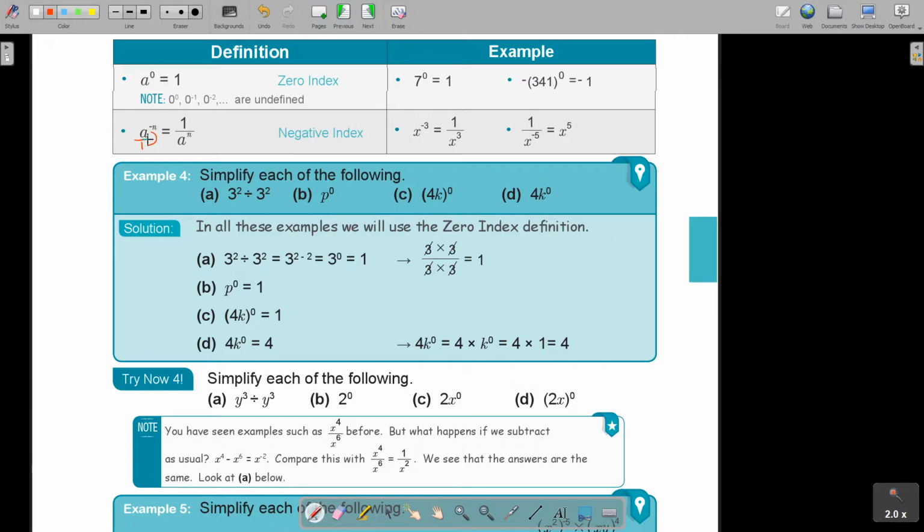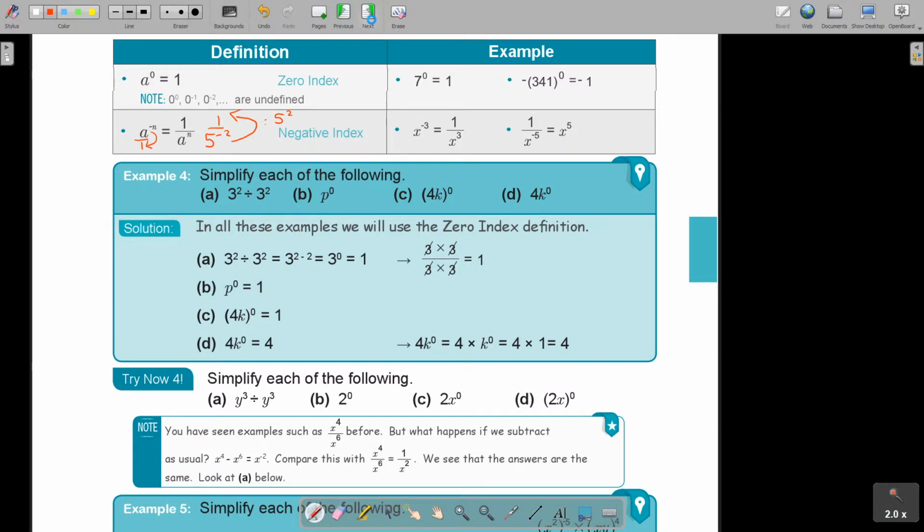So I just bring it down, and then it's positive. But if it's negative and in the denominator, then you just bring it up, and it's going to be 5 to the power of 2. So to change the sign, take it from the top to the bottom, or from the bottom to the top. That's also a rule.